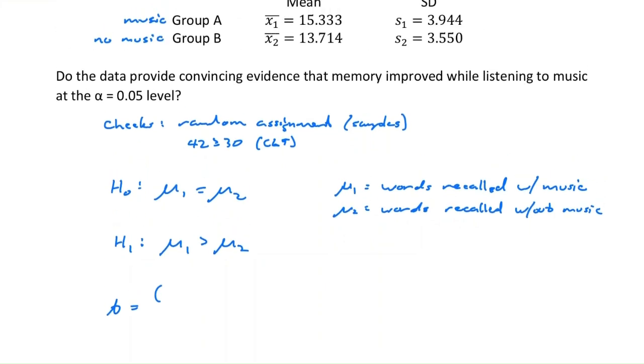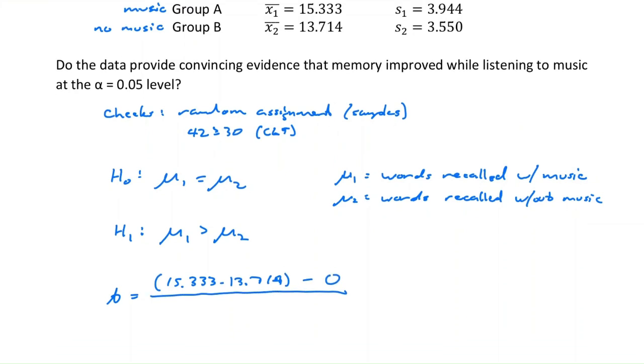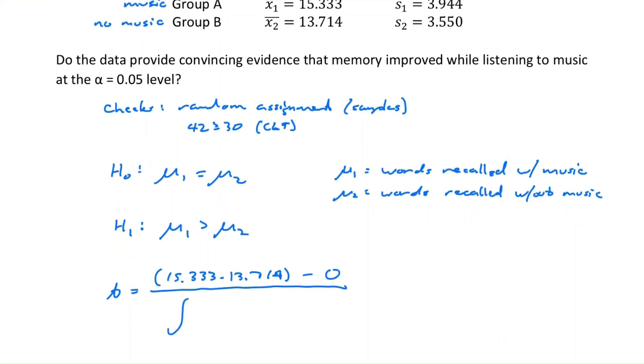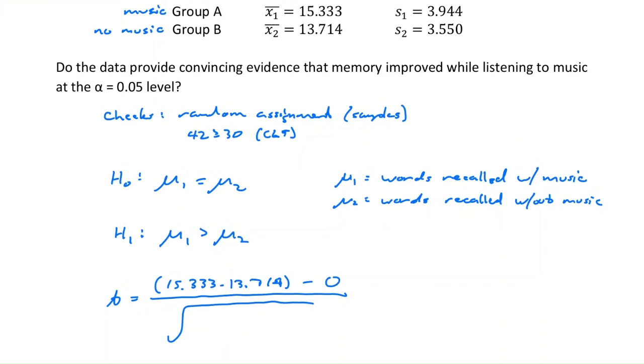For our difference in means, we want to take x1 minus x2, so 15.333 minus 13.714, and then minus 0, assuming the difference is 0, divided by the square root of 3.944 squared divided by the sample size of 42, plus 3.550 squared divided by its sample size also of 42.